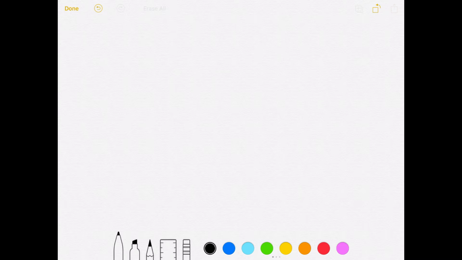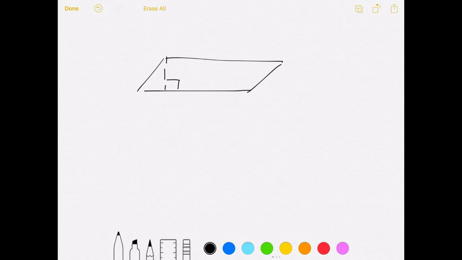Now for example, suppose we have a parallelogram, then what is the formula to find the area of a parallelogram? Again, it is base times height. Now I am again producing over here a perpendicular height like this. And again I am producing a perpendicular height, an exterior height over here. Let me use another color.